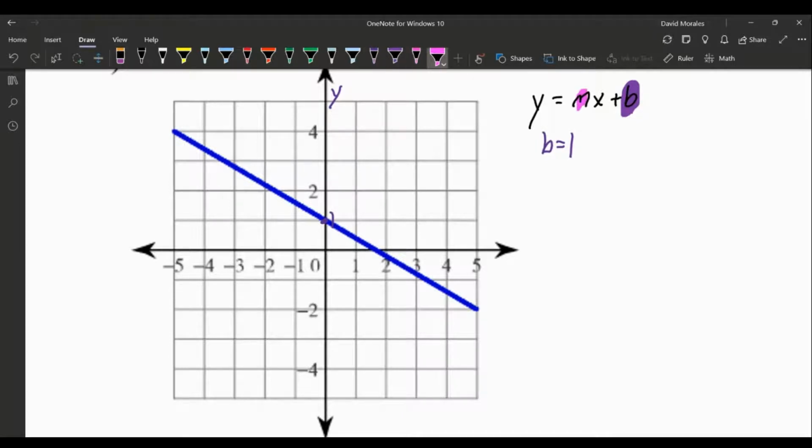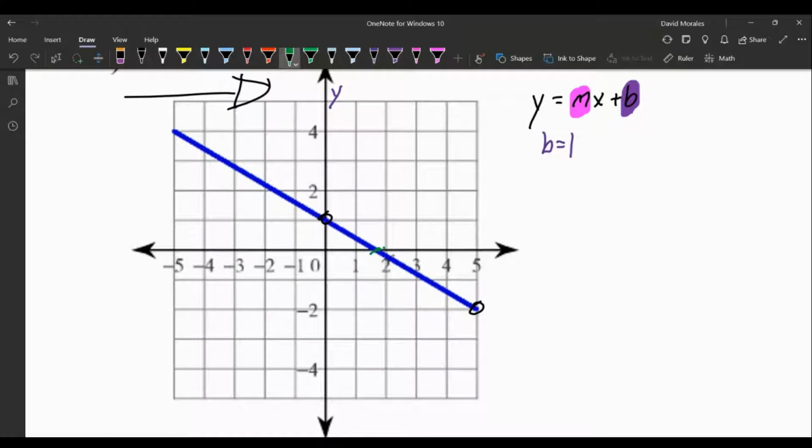What's my m? From my b at the beginning here, I always go from left to right. I'm looking for where it goes down and crosses a grid corner. It crossed right there, but that's not a grid corner.